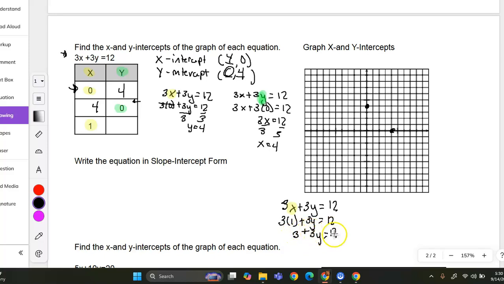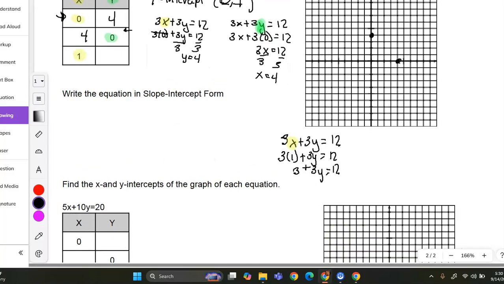But this one's different. I didn't get 0, so I have to continue to solve my equation. I'm going to subtract 3 from both sides, and I get 3y equals 9. I divide both sides by 3, and y equals 3. So my ordered pair is going to be when x is 1, y is 3. So I'm going to come up here, and I'm going to put this in here. I'm going to go over 1, 1, 2, 3, and that does fall on my line, so I'm good.